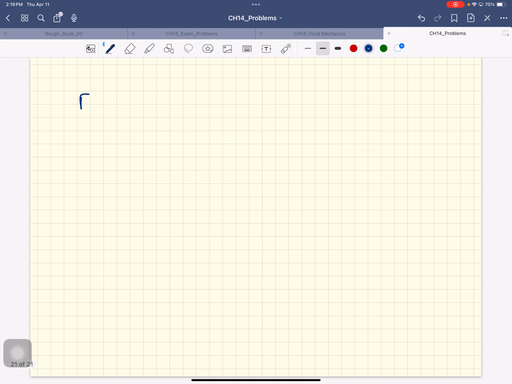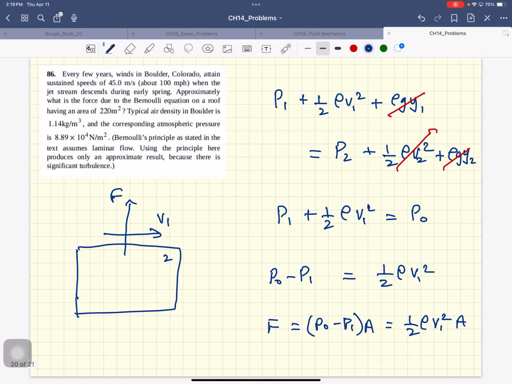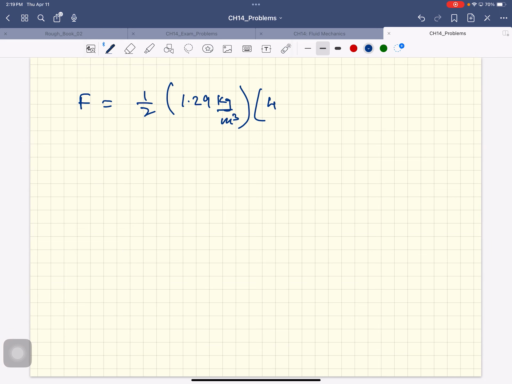So the net upward force is 1/2 rho. The density of air is 1.29 kg per meter cubed. In Denver, it's slightly lower, but we won't worry about that. The speed of the wind is 45 meters per second, and the area is 220 meters squared for the roof.